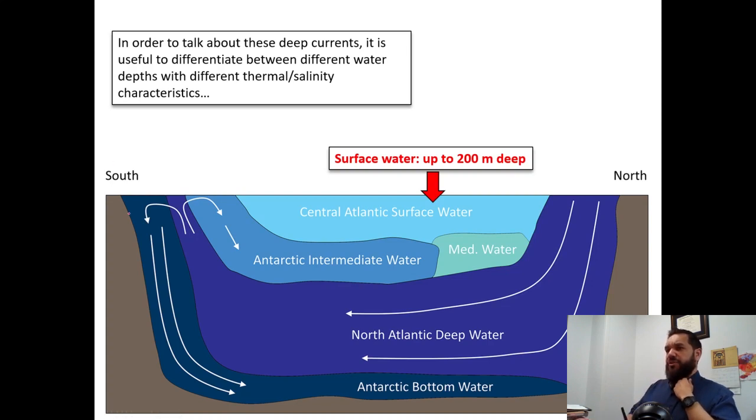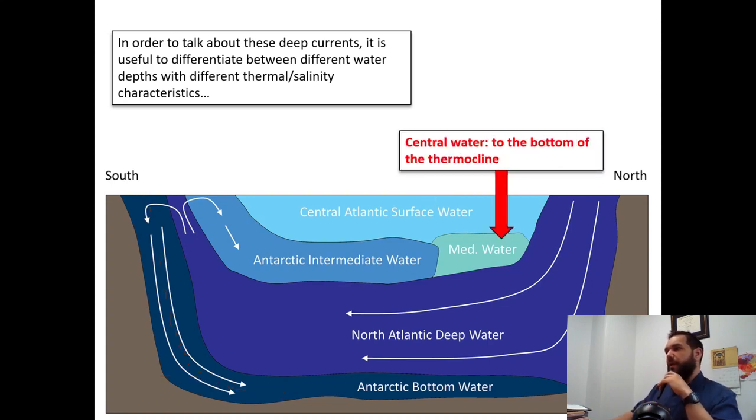If you imagine, every winter you get this sinking of very salty water in the Arctic and Antarctic, and it's going to lead to the formation of a hypersaline bottom water. So one thing that's very unusual about Antarctic bottom water is that it is very, very salty. It's hypersaline.